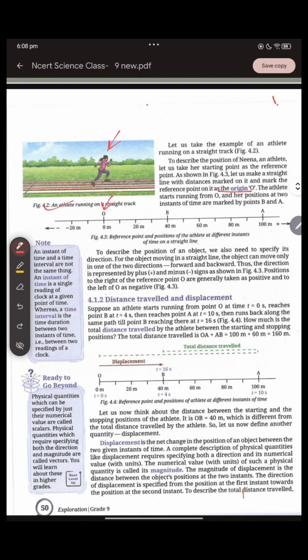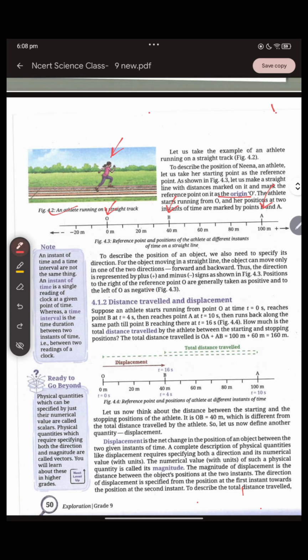The athlete starts running from O, and her positions at two instants of time are marked by points B and A. So somewhere here there is B and A. Now, when I say at an instant, that means there is no time gap. At a particular time, that is known as an instant of time.